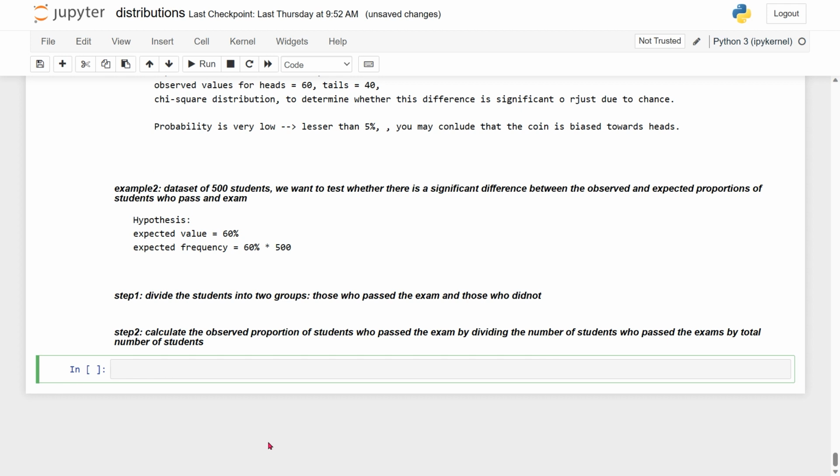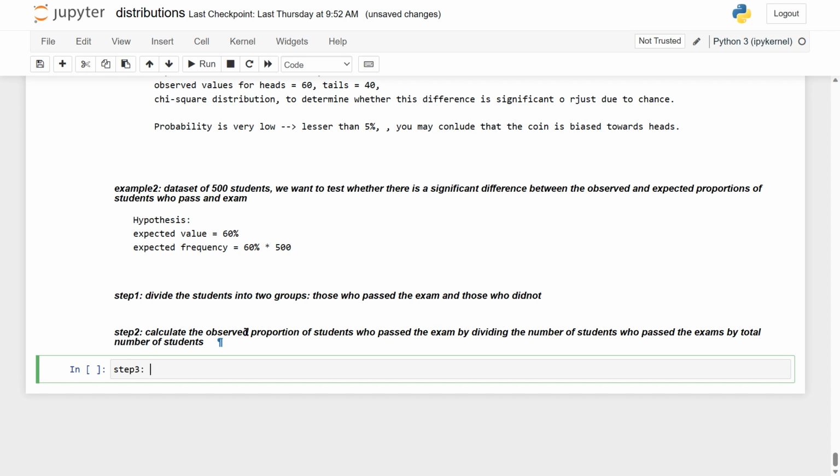So once that is done, we will have our expected proportion of students who pass the exam that we have decided on top. That's our frequency, and then we got our observed frequency, observed proportion also. Now let's calculate. Our observed proportion is, let's take the total number of students who passed and failed by multiplying the expected proportions.